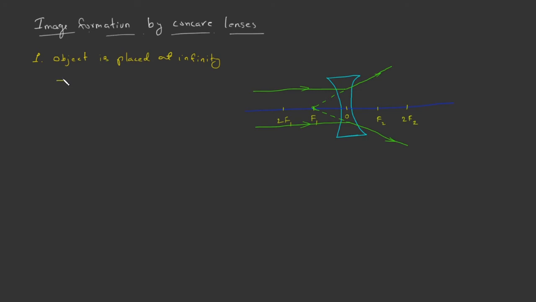So in this case, the image is formed at F1, that is the principal focus on the same side. We can see the size of the image is highly diminished. That is, the size of the image is point.